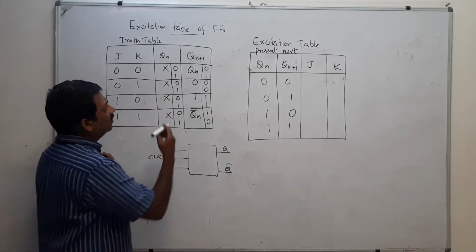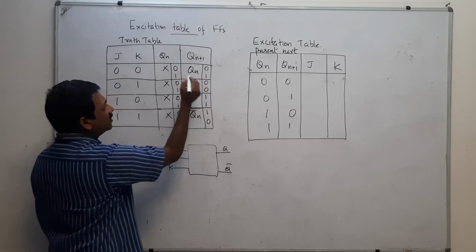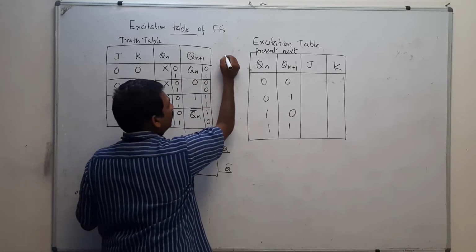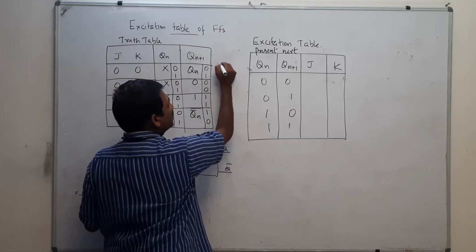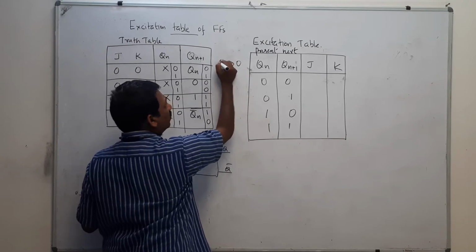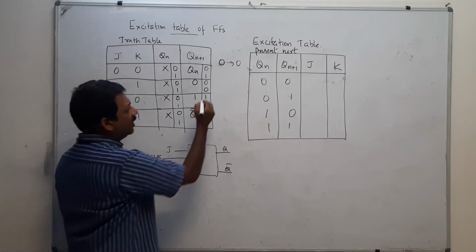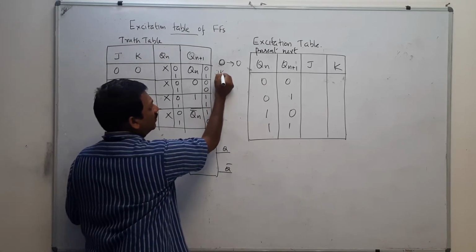See, here this is a 0 to 0 transition. In that case, if the transition is 0 to 0, what are the possible values of JK?